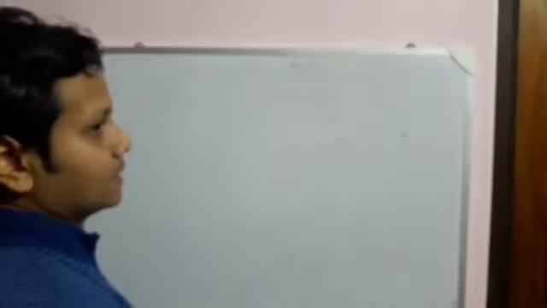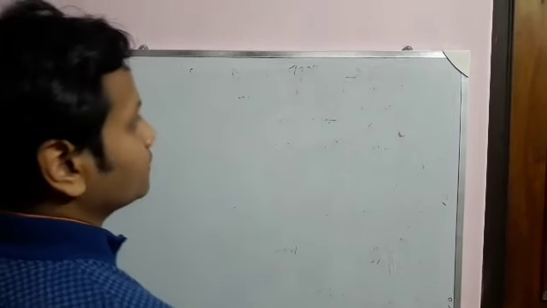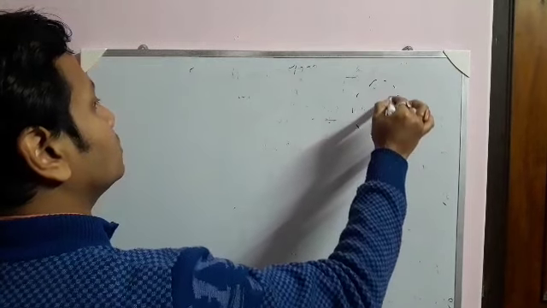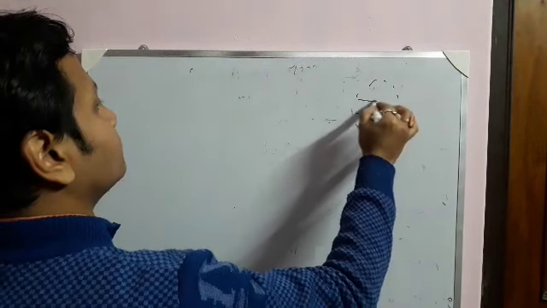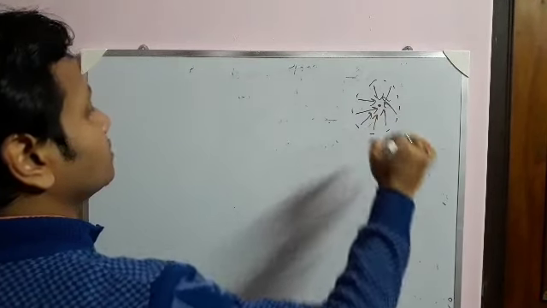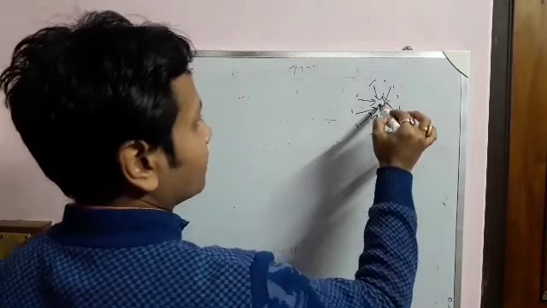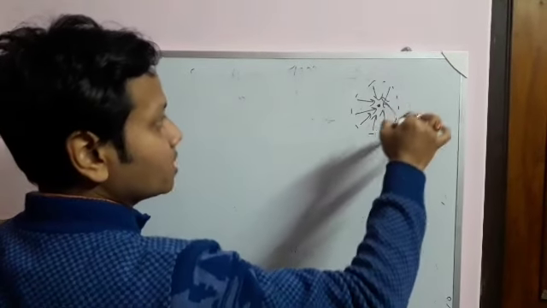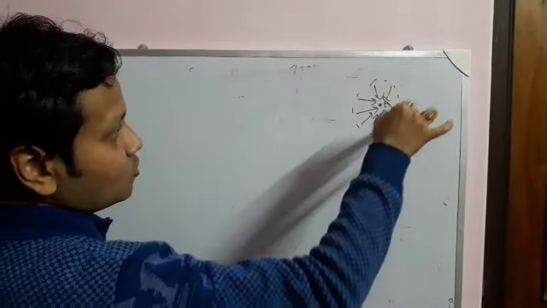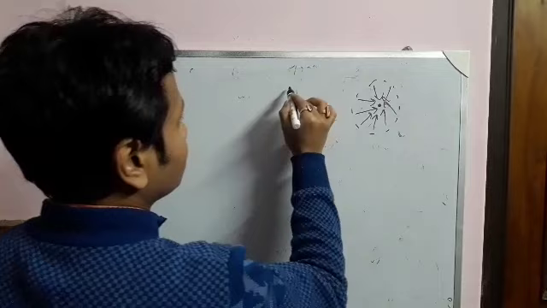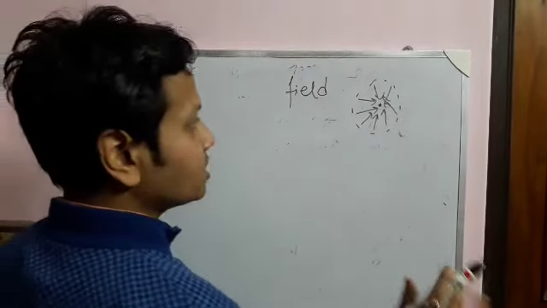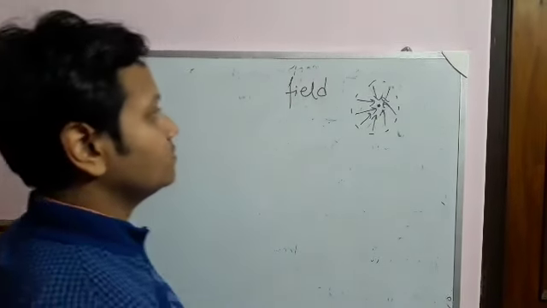We all know that the space around a body, suppose there is a body and this is the space around it, within which its gravitational force of attraction can be experienced, this region is called the gravitational field.